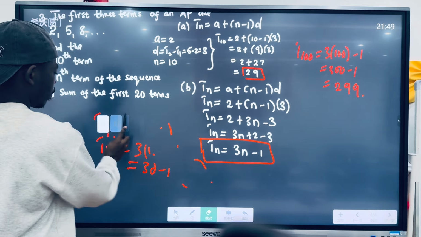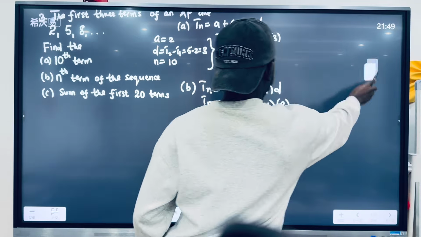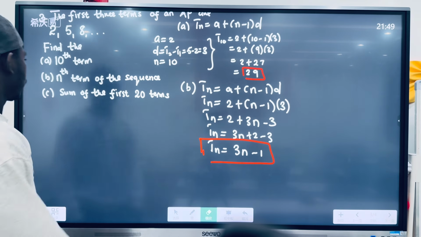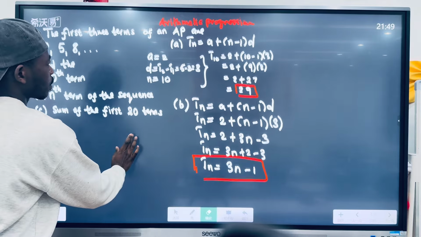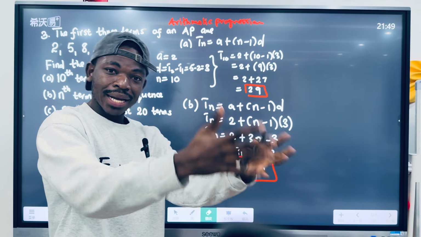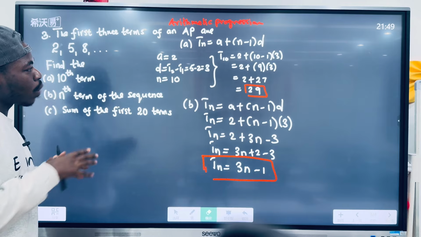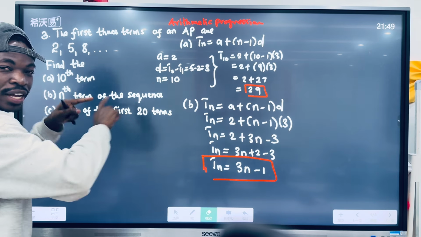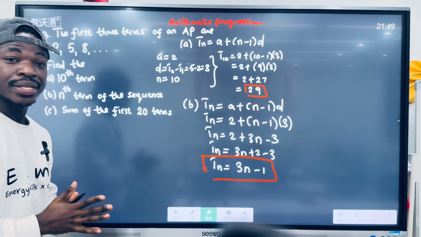Okay, so the next question says, the sum of the first 20 terms. Sum is the answer that you get when you add terms. So by sum, we want to add these terms to form an arithmetic series.